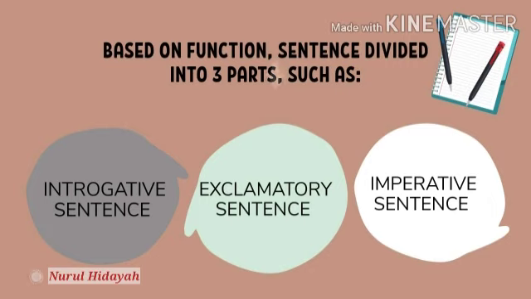The second, an exclamatory sentence, is a sentence with an exclamation point that generally takes the form of a statement expressing a more emphatic emotion. For example, I have to go to work! And the last, an imperative sentence or command, tells someone to do something with a stronger emphasis. For example, go to work.